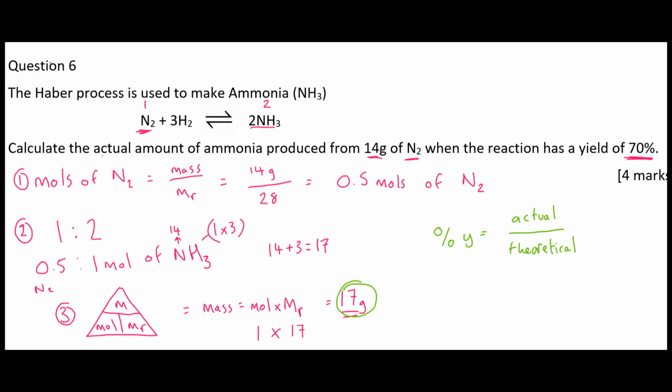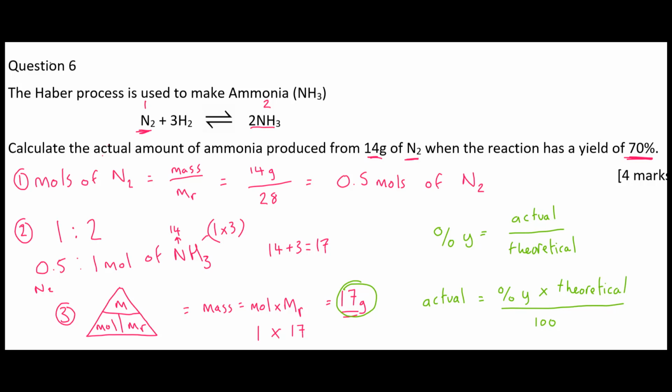So to calculate the actual amount, we would do percentage yield multiplied by theoretical, and I would divide all of that by 100 because of the percentage.